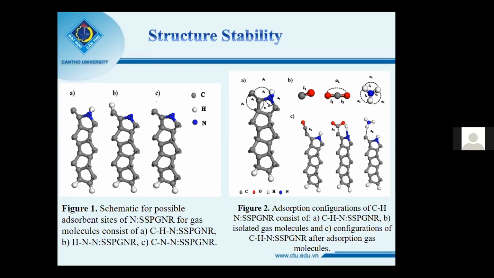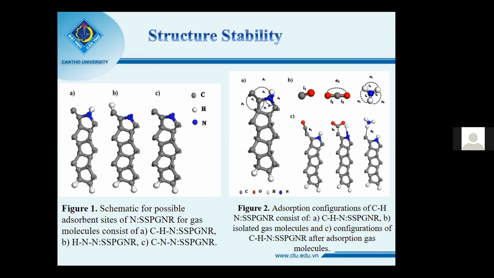Figure 1 shows three possible adsorption sites on the edge of the pseudo-sp2 nanoribbons doped with nitrogen. A. Removing a passive hydrogen atom at the top of the carbon atom.